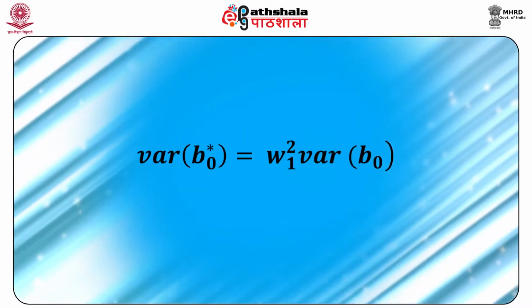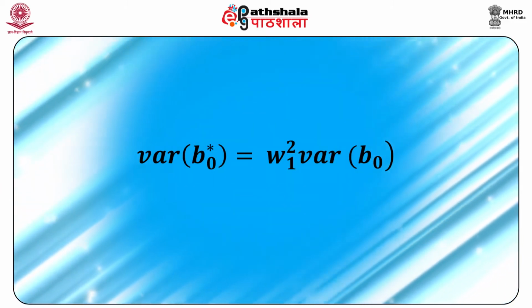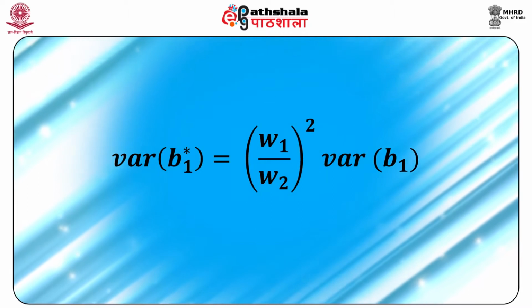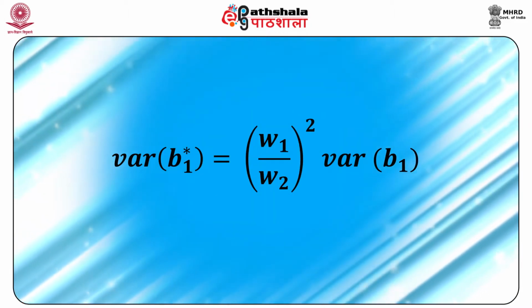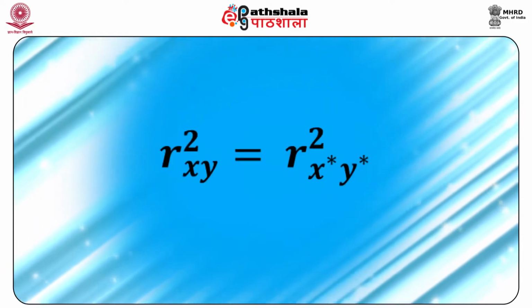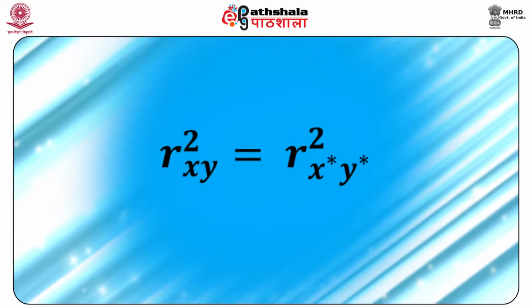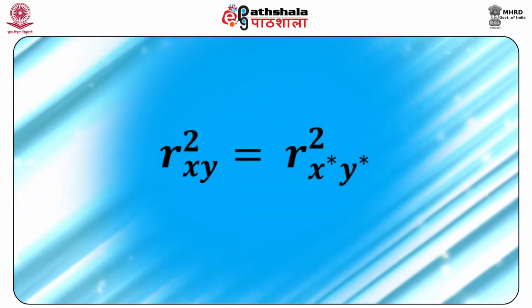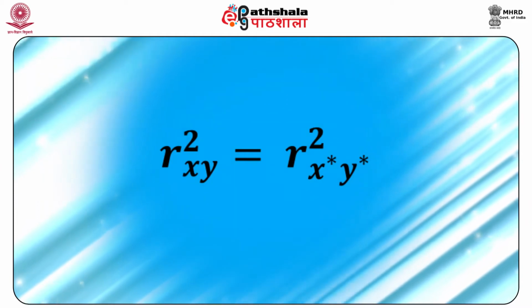Variance of b0 star we obtain is W1 square into variance of b0. Similarly, we get variance of b1 star equal to W1 upon W2 whole square into variance of b1, and we also obtain Rxy square is equal to Rx star y star square. Now, these are our standard results.